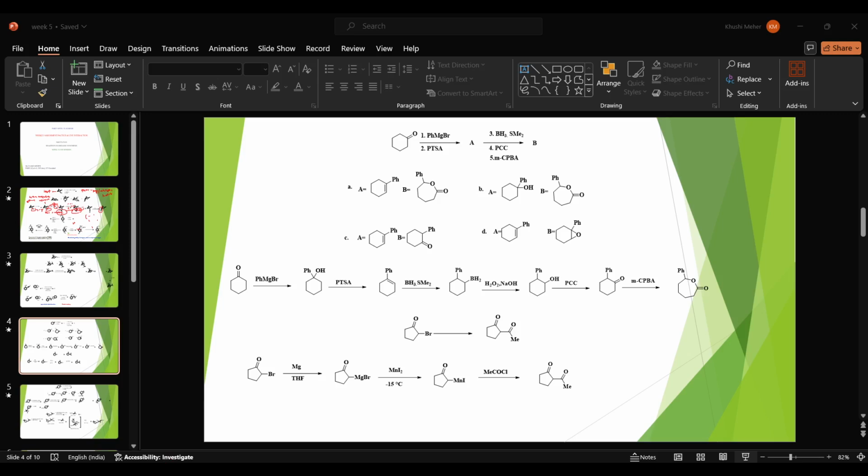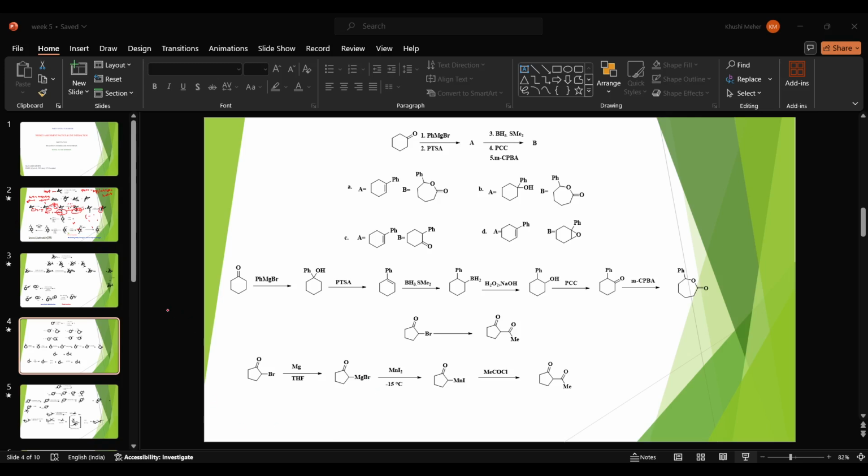After that we have to warm it to room temperature to complete the synthesis of the Grignard reagent. After that, you cool it to minus 15 degrees Celsius, and then you add manganese iodide. Then you will get the corresponding manganese reagent.